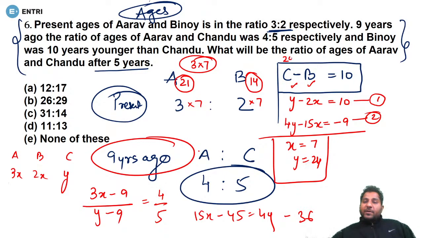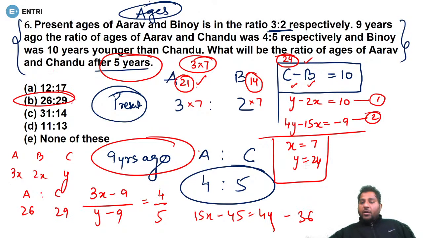That means Chandu's present age must be 24. So Arav's and Chandu's present ages are 21 and 24, but we need to add 5 more years to get 26 and 29. B option is correct.